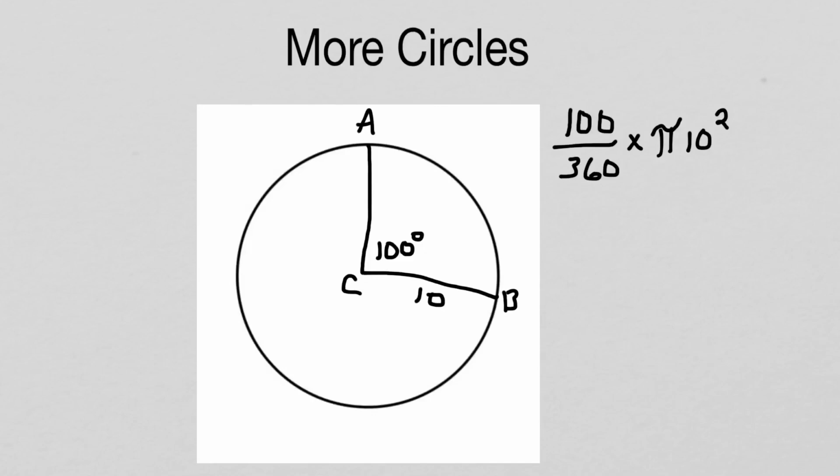Now we just do the math on it. 100 divided by 360 is going to give you 0.277, we'll call it another 7, times pi times r squared. We do the r squared first. 10 squared is 100. We bring this down, we get 0.2777. Pi times 100, put that in your calculator.